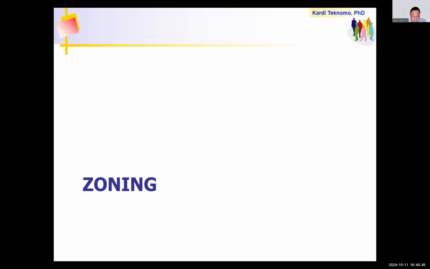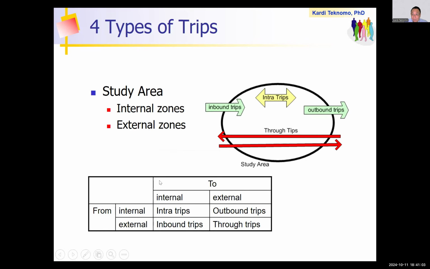So in trip generation, the whole map or the whole region or the whole city that you are interested in, you put into zones. Now, suppose this ellipse is your study area.